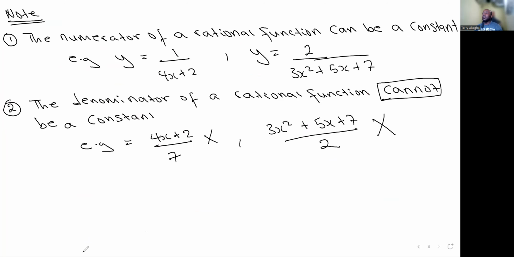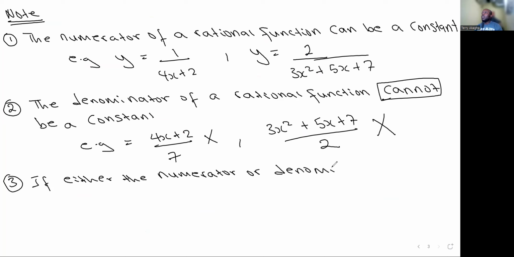So number 3. So if either the numerator or denominator is not a polynomial, all right? So remember we talked about polynomials.